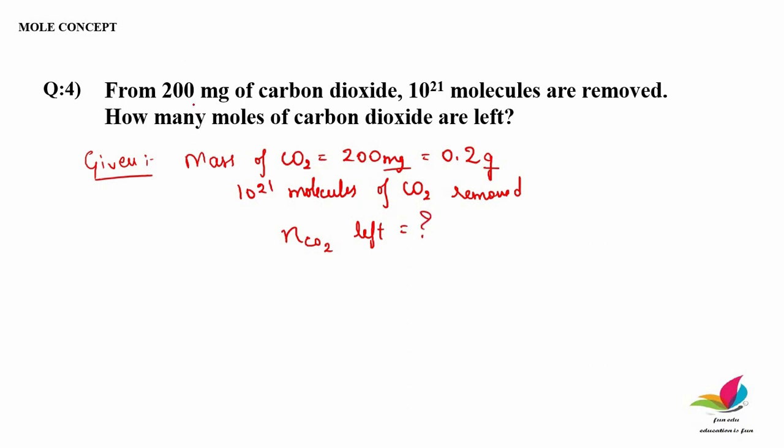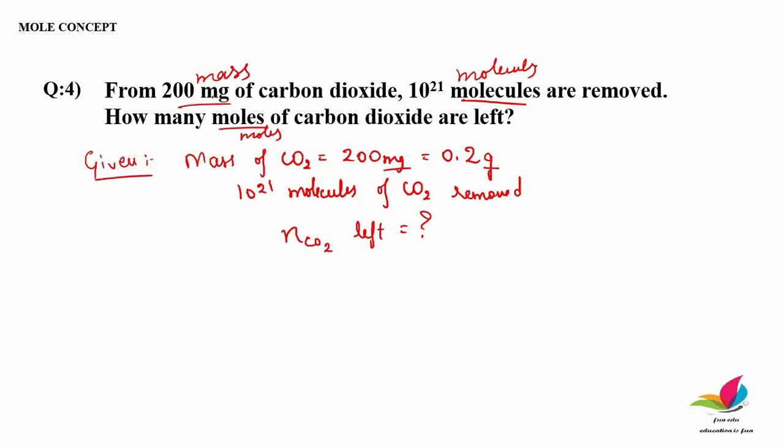So here you can see the mass of carbon dioxide is given. Correct? So this is nothing but mass, and how much carbon dioxide is removed, that is given in terms of molecules. Correct? And what you have to find out? You have to find out the moles of carbon dioxide left.